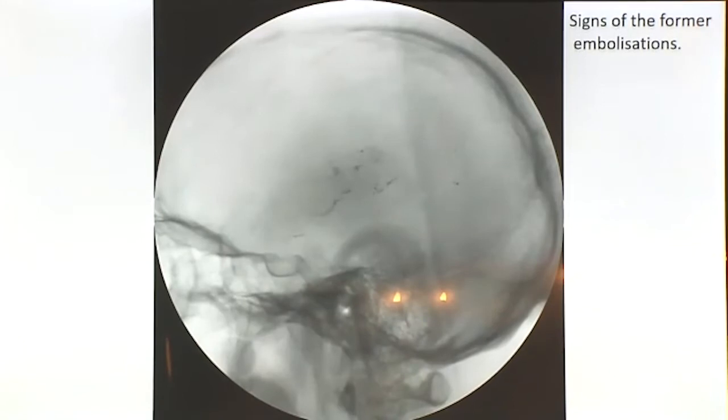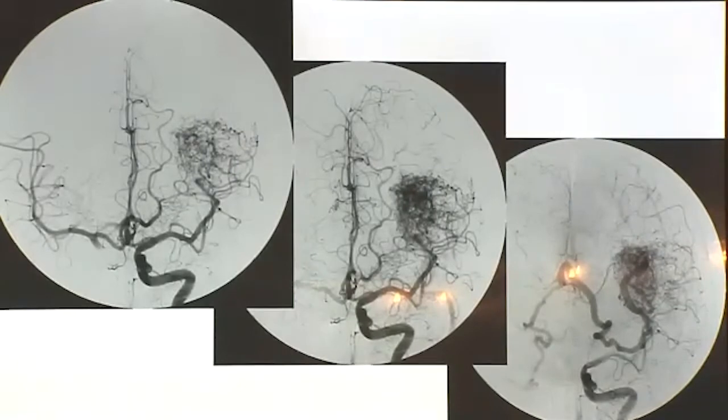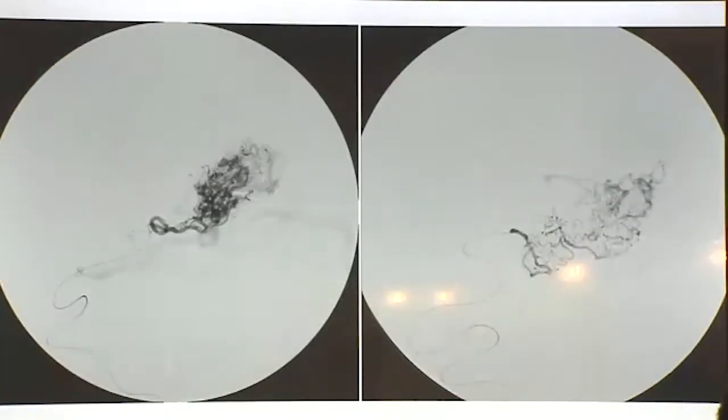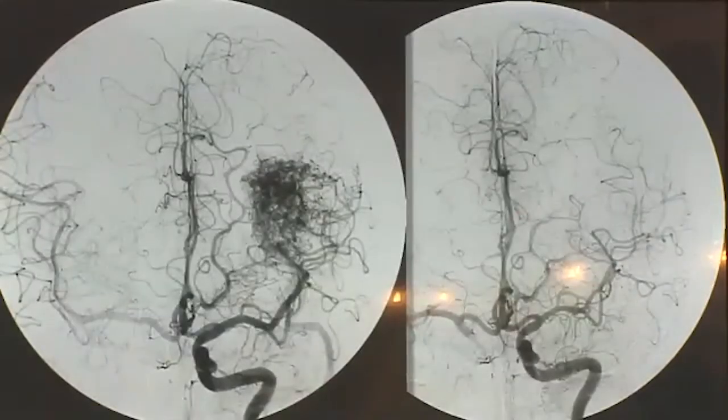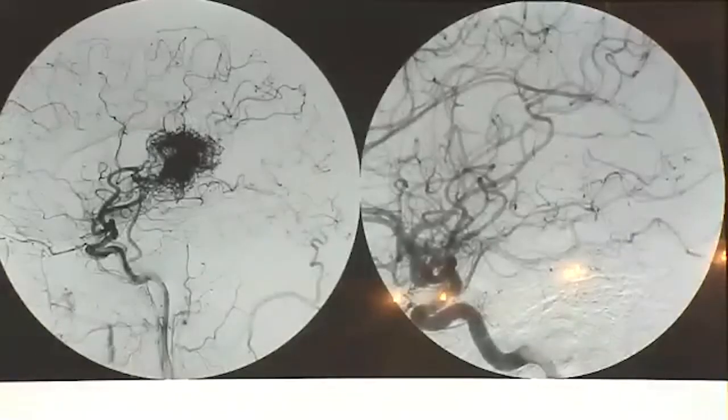This is the previous operation result and anterior projection. Left side, dominant hemisphere. Combined arteriovenous approach. This is the venous approach, this is the arterial approach. And the result. The patient with symptoms, left side, very eloquent area.